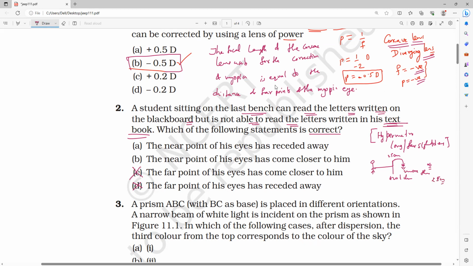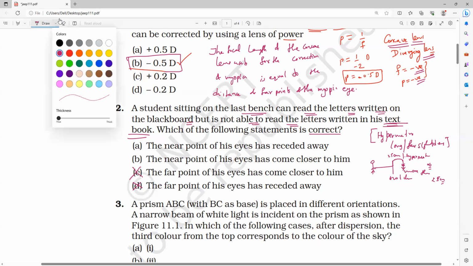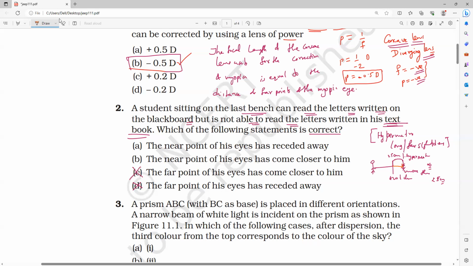Everybody please respond. That is what we call the near point of a hypermetropic eye.